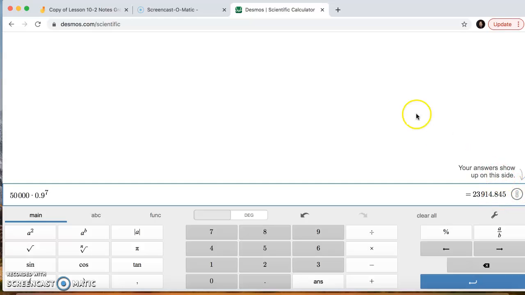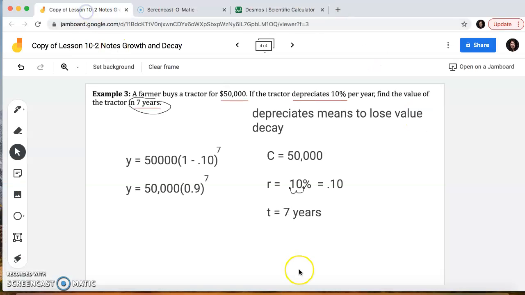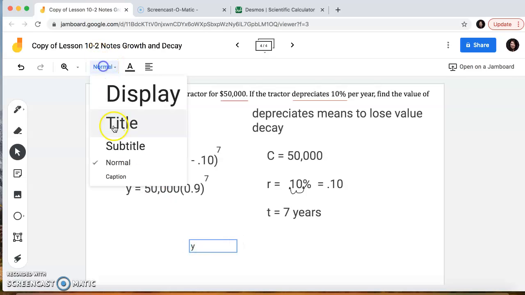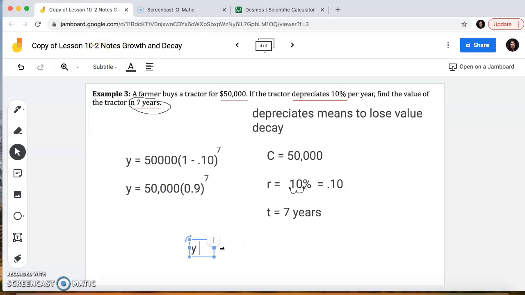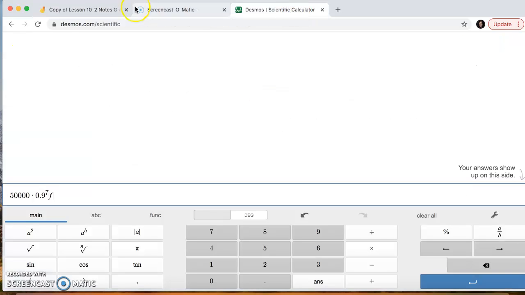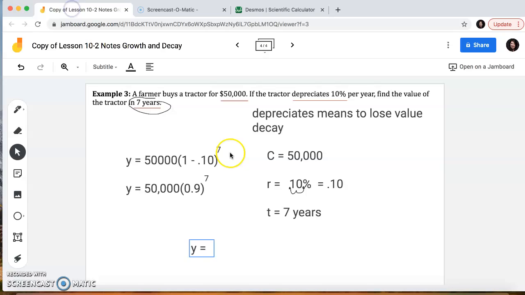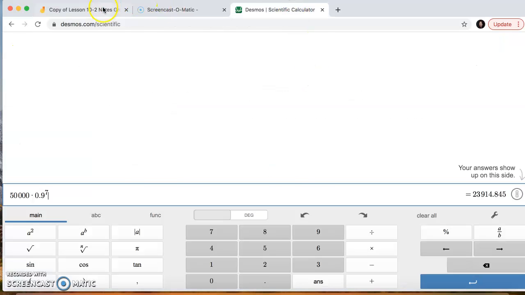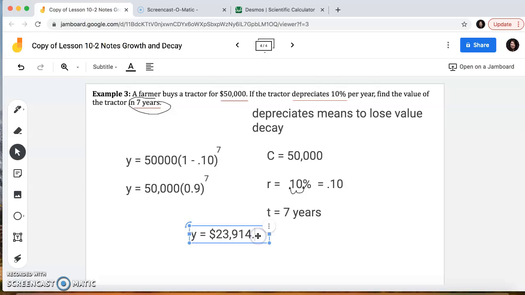We'll say 0.85. So y equals 23,914. Oh, and it's dollars. 23,914.85. And so 0.85 would mean 85 cents.